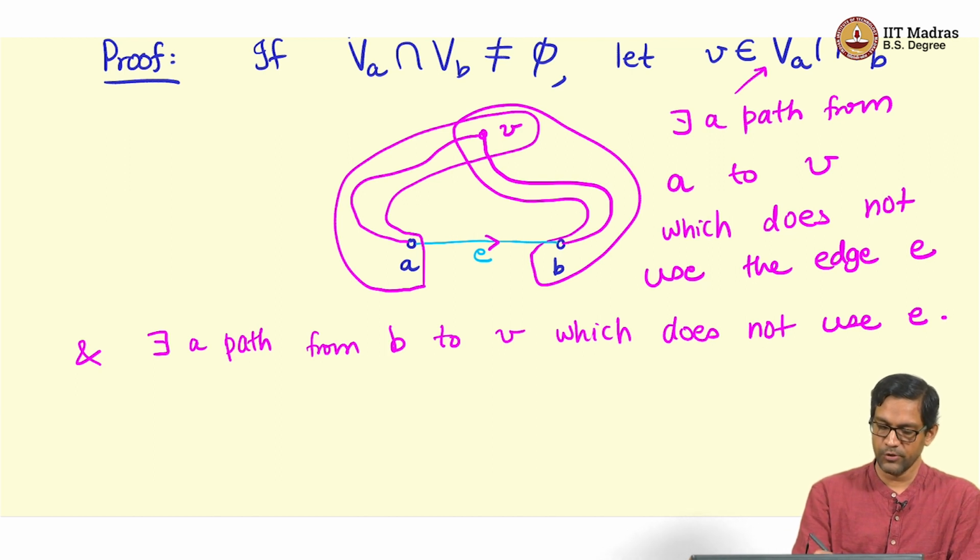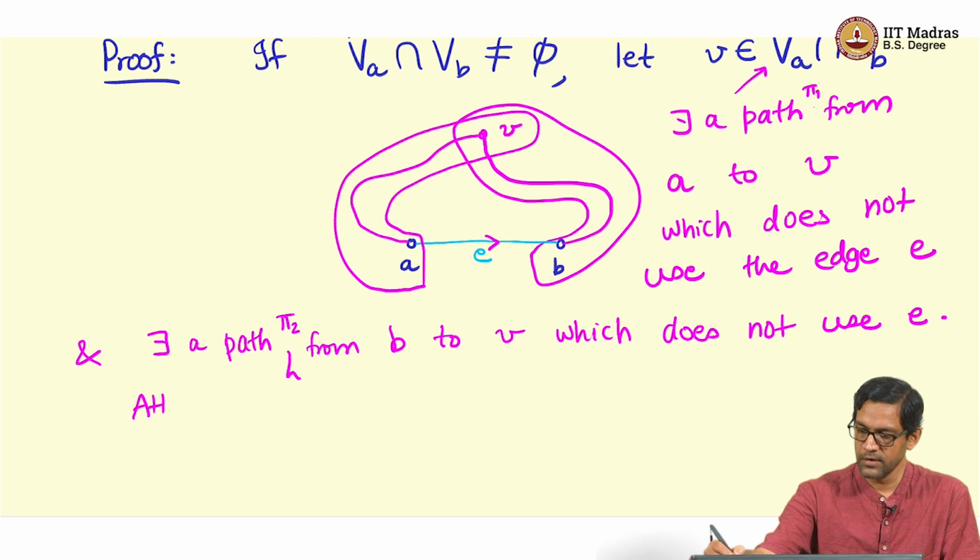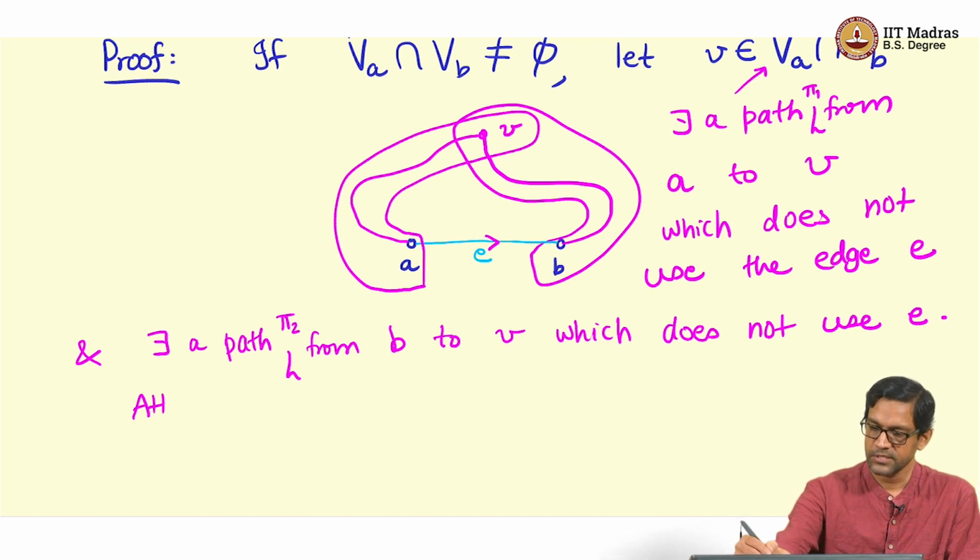So, now consider a new path. So, let us call this path pi 2, this path pi 1, let us give these names.